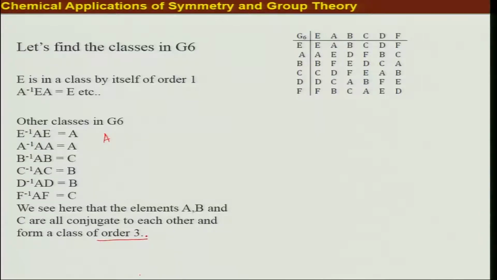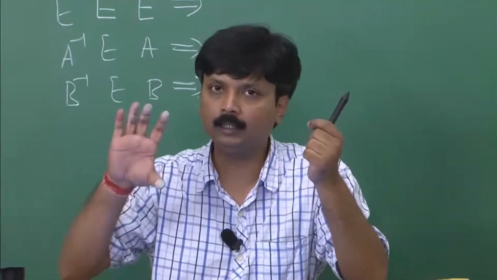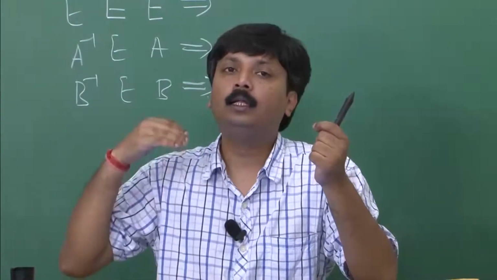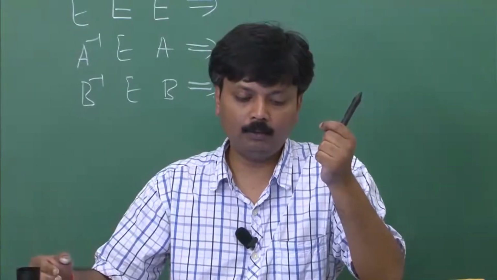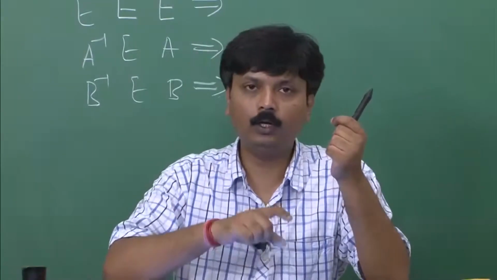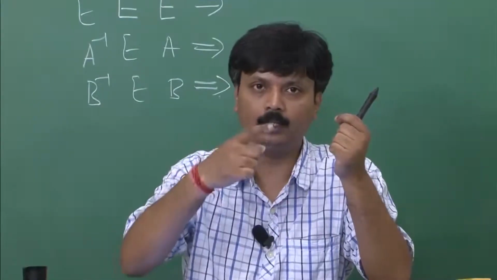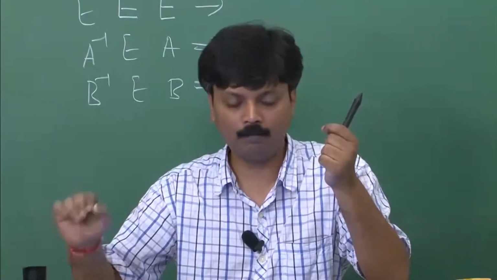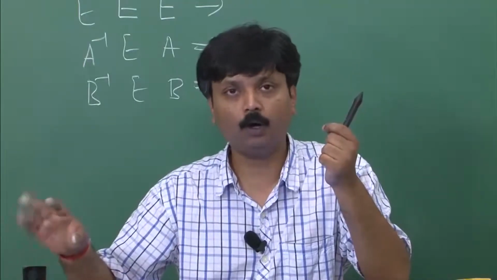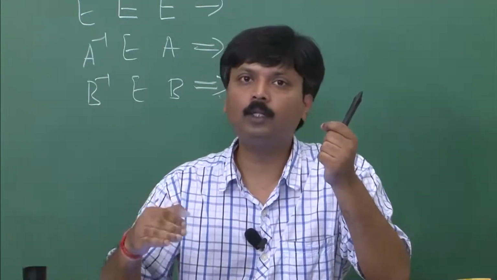Here one thing I should mention: once you have done the similarity transformation on one particular element and, after exhaustive similarity operations, generated a certain set of elements, then for the next transformation, since you have got only 3 elements in this class plus the identity, there are 2 more elements still left, and you would like to find out whether they form a class or not. So you start with one of them.